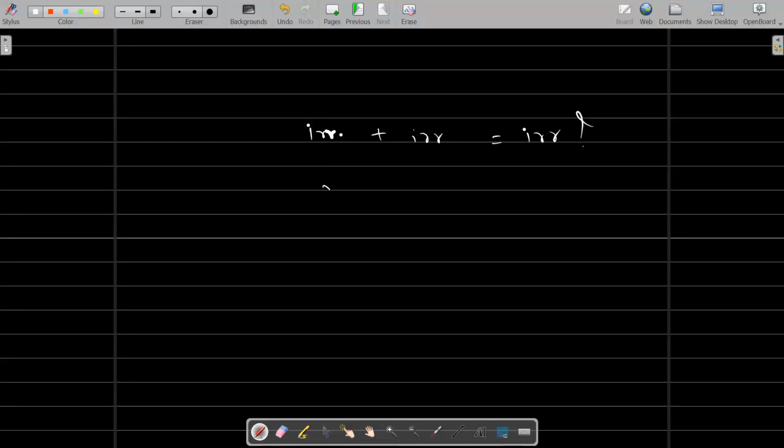Root 2 is irrational, and on the same lines, one can prove that minus root 2 is also irrational. If I add these two, the answer is 0, which is not irrational, which is rational. So here is at least one example where addition of two irrationals is not irrational.